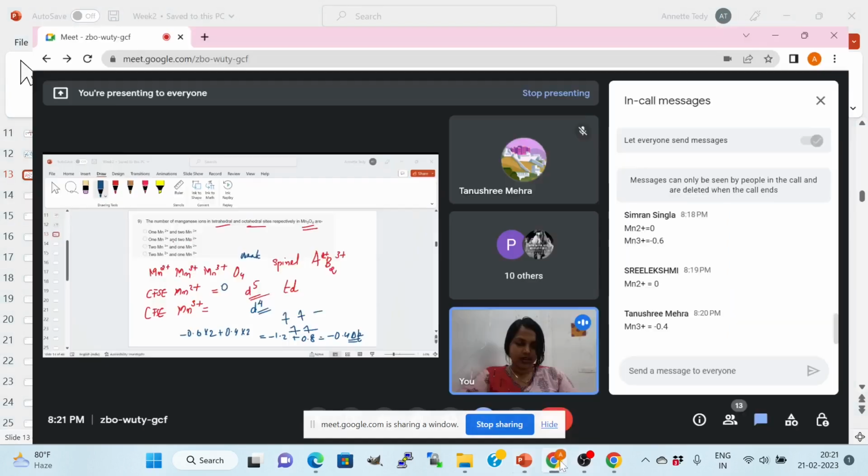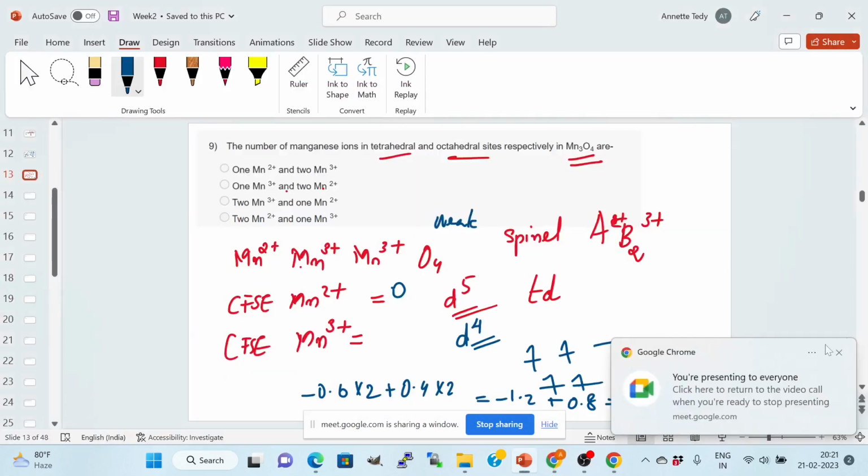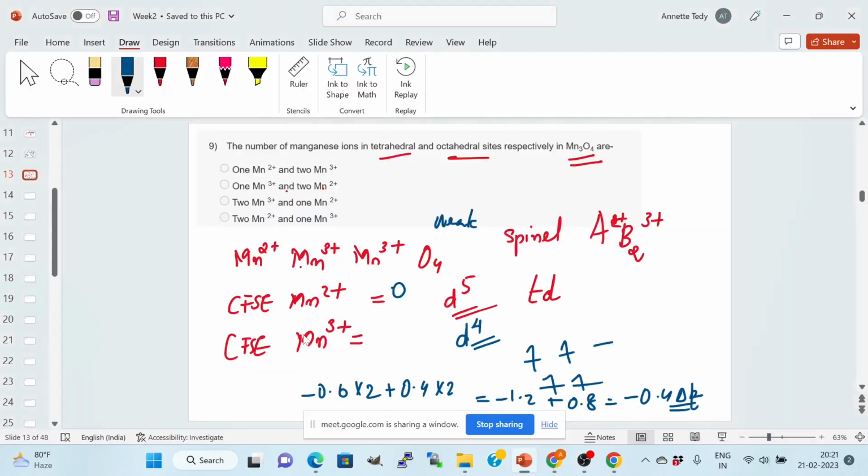So you have to be careful about the number of d electrons. If you know the number of d electrons, you can solve the question easily. So the CFSE of Mn3+ is minus 0.4 delta T. So Mn3+ CFSE is greater than Mn2+. So this will be a normal spinel.